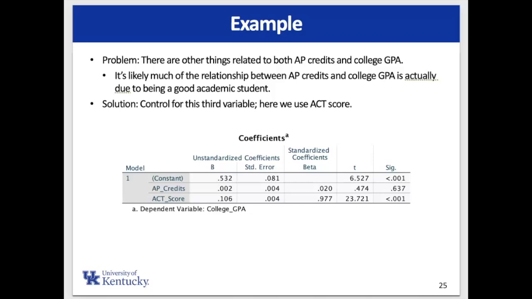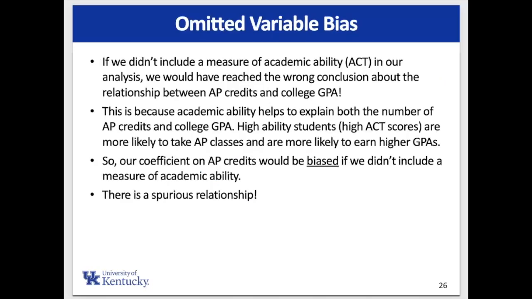So let's go ahead and think about some problems that this can cause. The problem is called omitted variable bias. I'm just going to read off this slide and we'll talk about it a little bit. If we don't include a measure of academic ability, in this case ACT, in our analysis, we can reach the wrong conclusion about the relationship between the variables we're looking at.